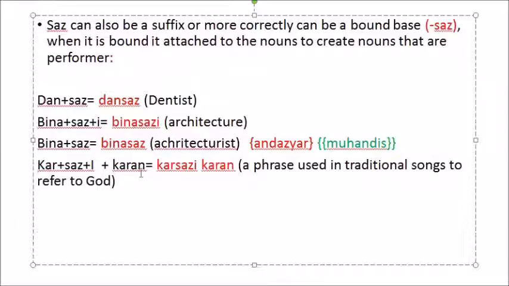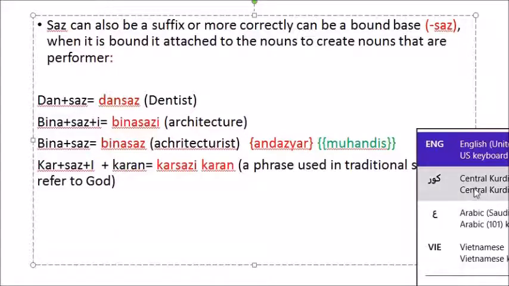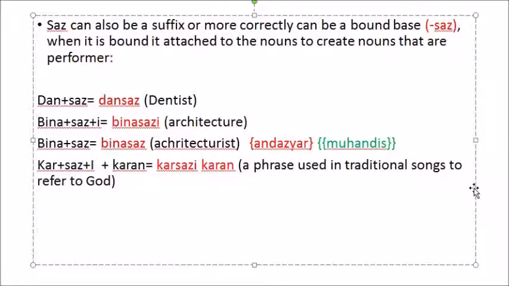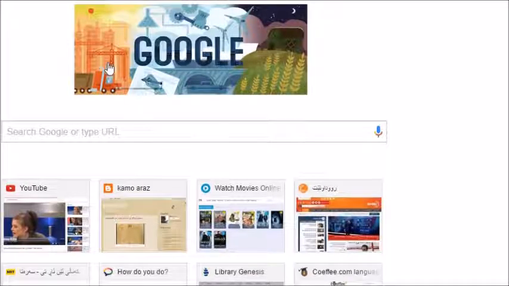Karan is the plural of kar, or work. So karsazi karan is a term that refers to God in traditional Kurdish songs. It's not really used, but just in case you are reading poetry or something like that.